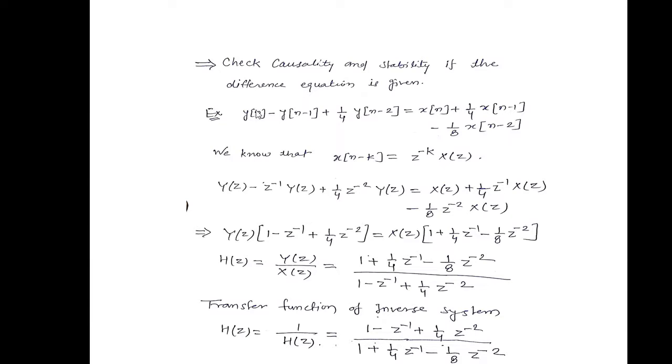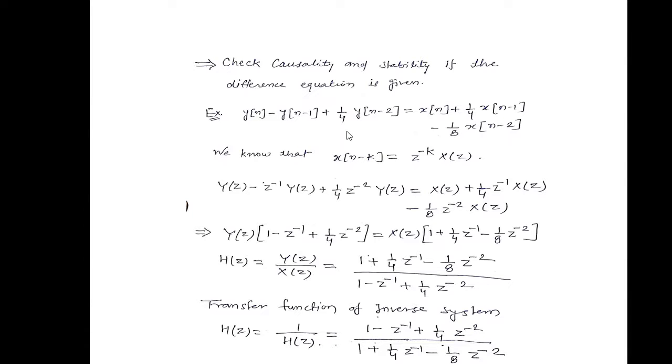So this is the difference equation: y of n minus y of n minus 1 plus 1 by 4 y of n minus 2 is equal to x of n plus 1 by 4 x of n minus 1 minus 1 by 8 x of n minus 2. y of n minus 1, y of n minus 2, x of n minus 1, x of n minus 2, these all are shifted signals. y of n is shifted by 1, y of n is shifted by 2, x of n is shifted by 1, and x of n is shifted by 2. Okay, so we have discussed this property, that was the shifting property.